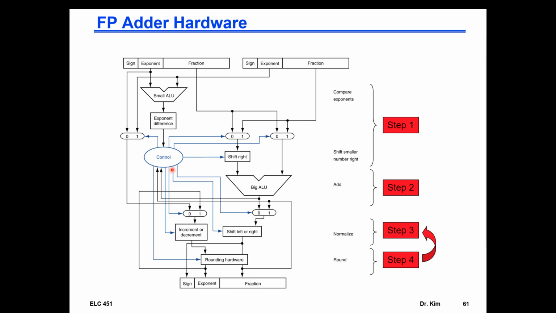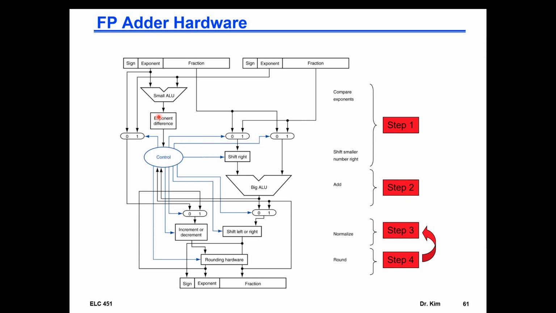So what do we have here? Well, here we have a smaller adder or subtractor, which is going to figure out the difference in the exponents, so I know which one to shift. Okay?